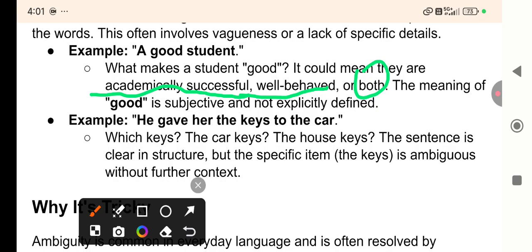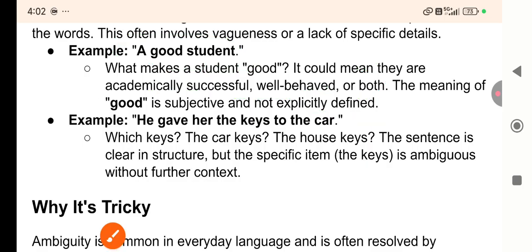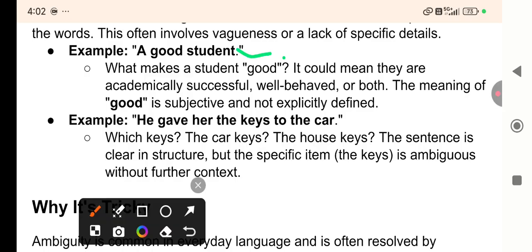The meaning of good is subjective and not explicitly defined. A good student, his or her behavior is good, or he is intelligent, or he is both, not very much clear. So that is why here we have to add something into the sentence.